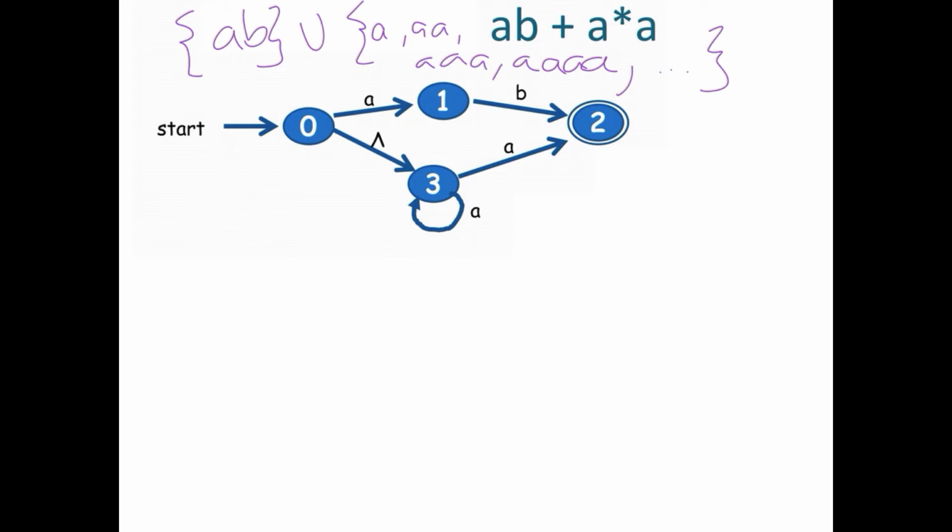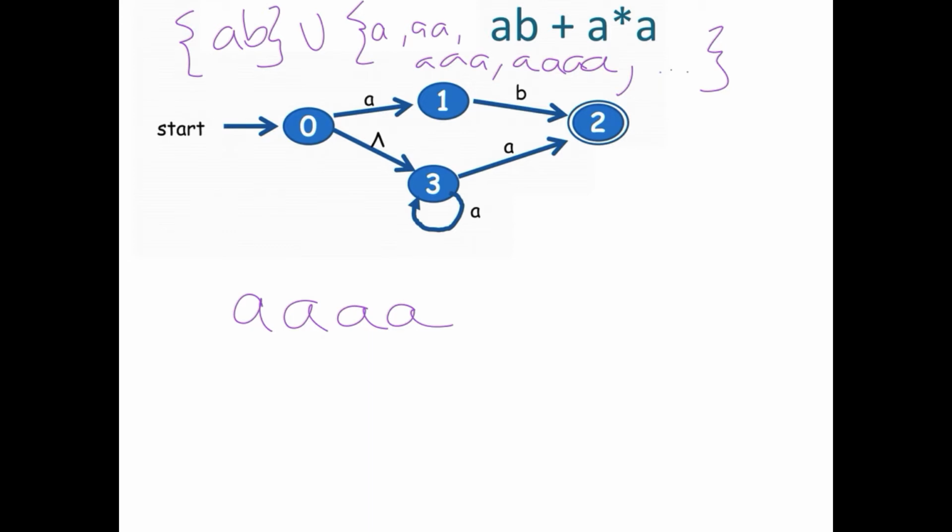Okay, so I want to take one of the strings in this set. Let's take a look at the string AAAA. First, let me just show you that it is accepted by this NFA. I hope you agree with me, but let's just take a look.